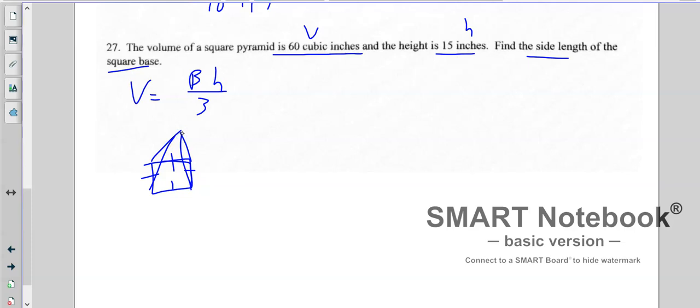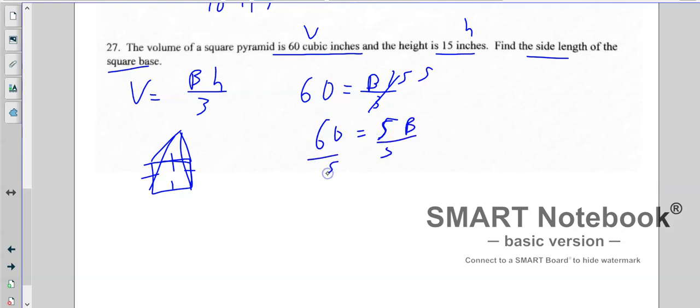Okay, so we know volume is 60. We don't know the area of the base. We do know 15 divided by 3. Well, 3 goes into 15 5 times, so really we have 5 times the area of the base. So we divide by 5, we get 12 equals the area of the base.